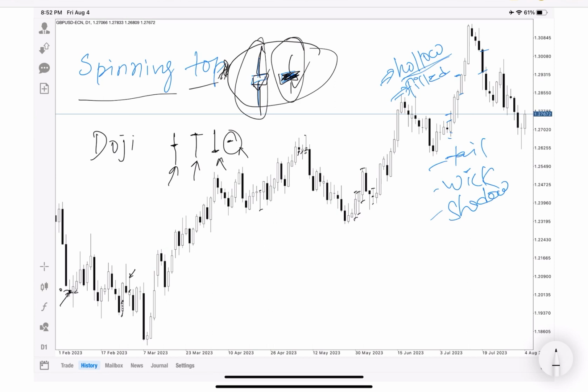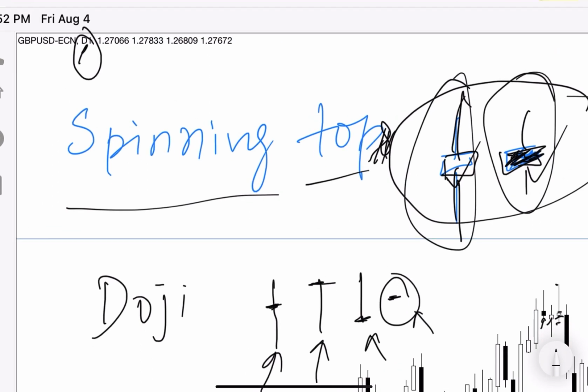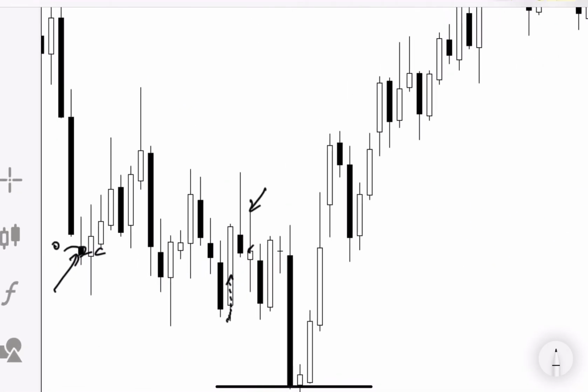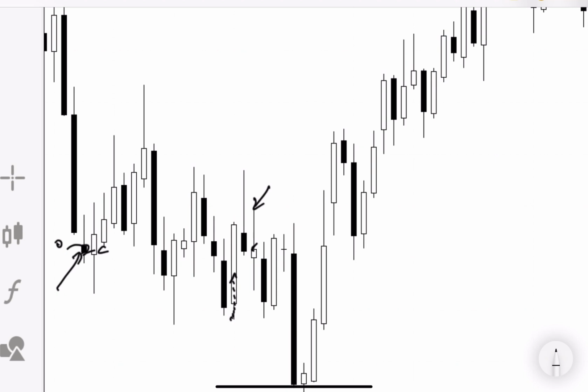So that's all. But there is one thing which I want to add. If a doji is appearing after a bearish candle at the close of the day, if we are talking about the daily time frame, look at the upper left corner, this time frame is daily. Let's say the previous day closed here, and this candle, even though this is not a doji because there was a body of this size, is actually a spinning top, but it opened and closed below this.